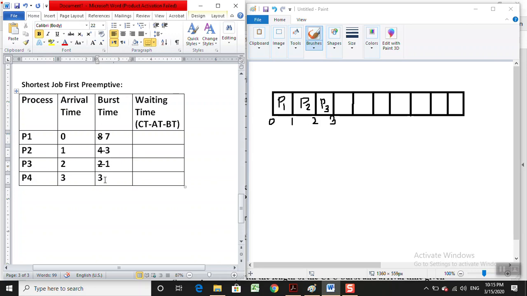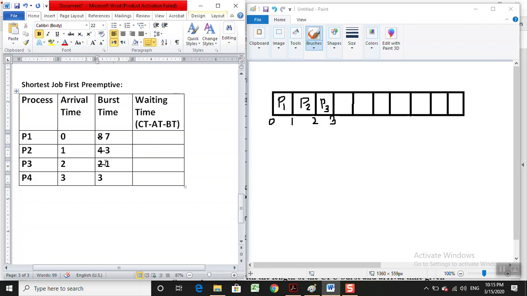No. Okay, if it does not have a shorter burst time, then the current process will continue its execution. There is no preemption here. When will preemption occur? When a process with a shorter burst time arrives. In that case, the current process will be preempted. Clear my point?